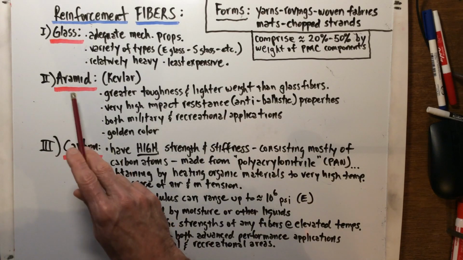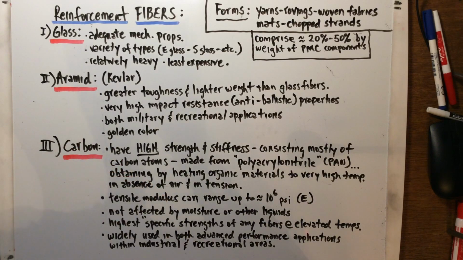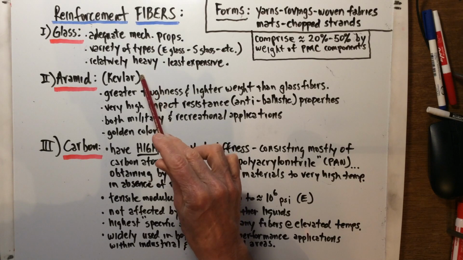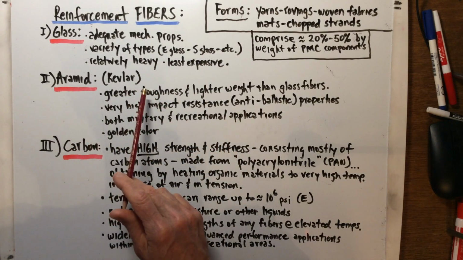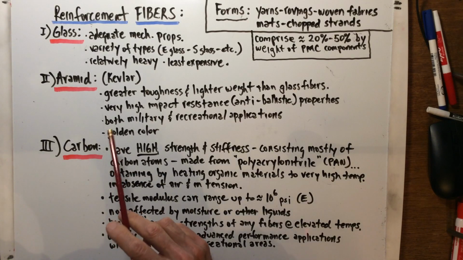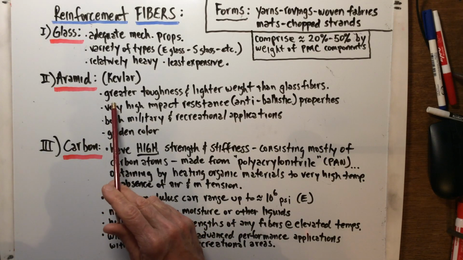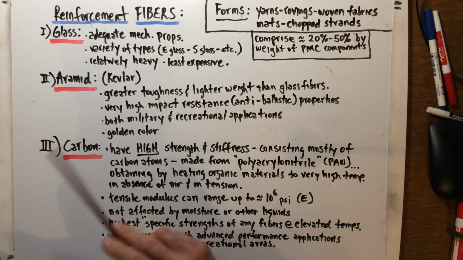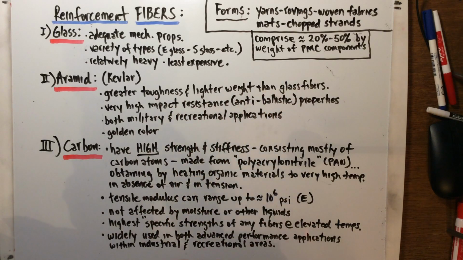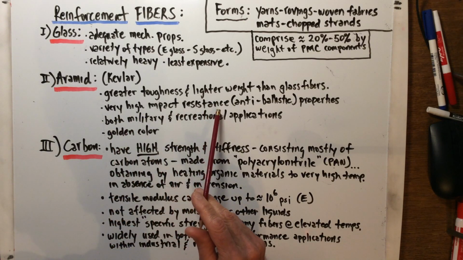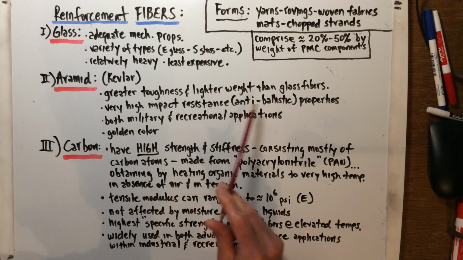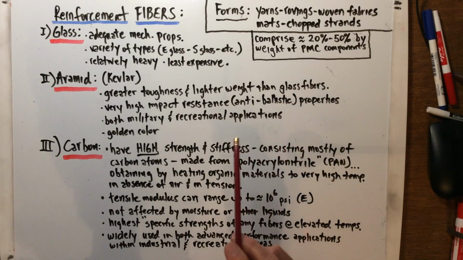Now, the second type is an aramid fiber. You've heard it called by its trade name of Kevlar by DuPont. In fact, they're the only folks that make it. And it has significantly greater toughness and is much lighter weight than glass fibers in general. And it's known, of course, for its very high impact resistance. It has anti-ballistic properties.